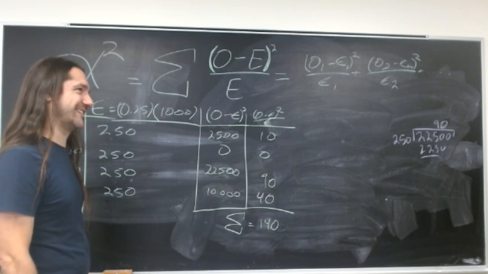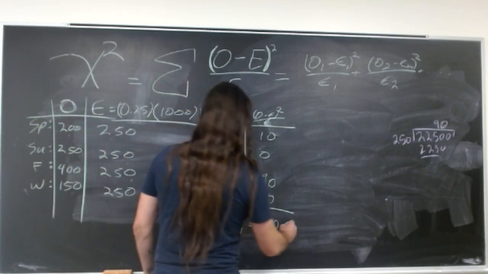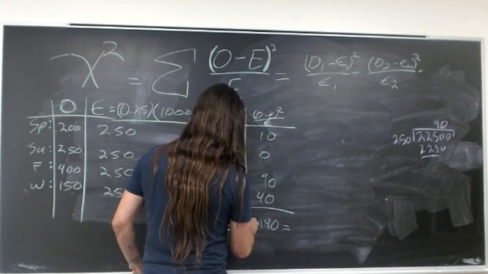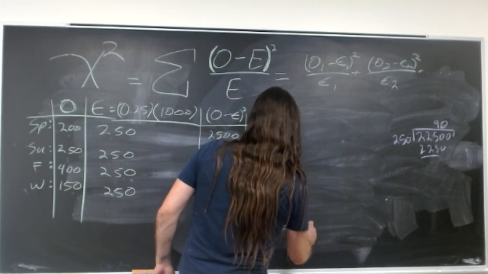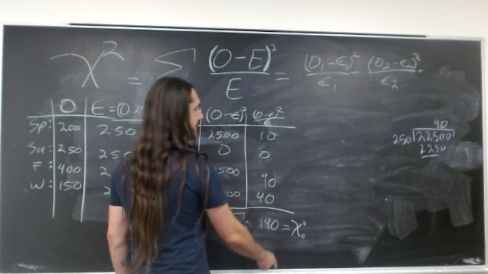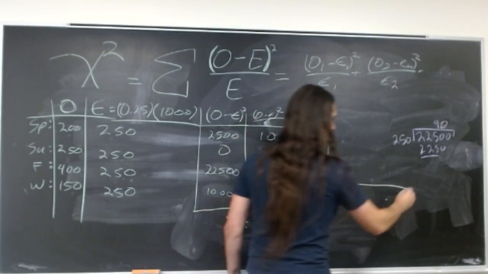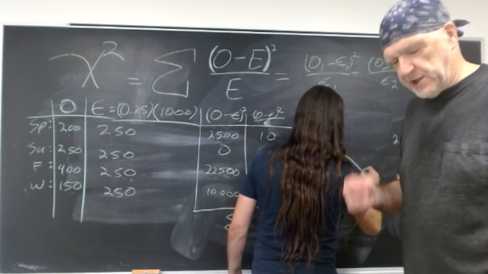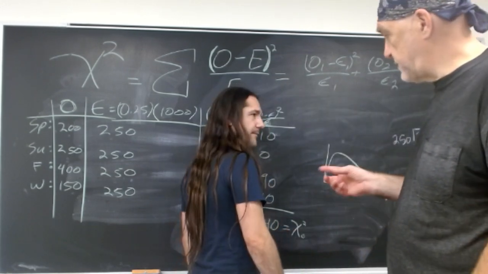Grossly significant. So the sum of them is our test statistic. Now when we compare this, the chi-square curve changes shape according to the degrees of freedom, which we haven't talked about, by the way.